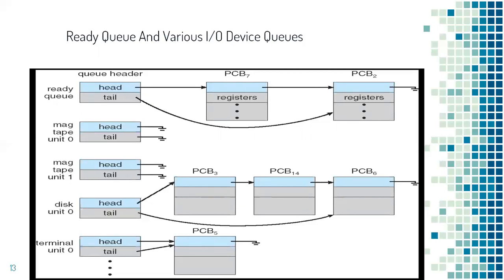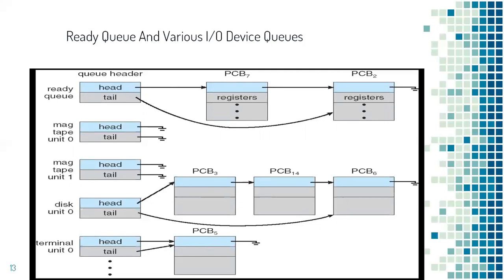So in PCB7, the address of the process PCB2 is stored. So like this, PCB2 will store the next address and so on. The last PCB will store a null pointer to indicate that it is the last process in the queue. And also the tail pointer in the queue header will point to the last process in the queue.